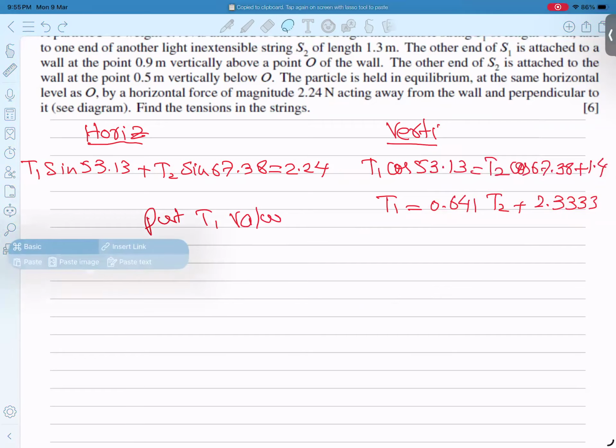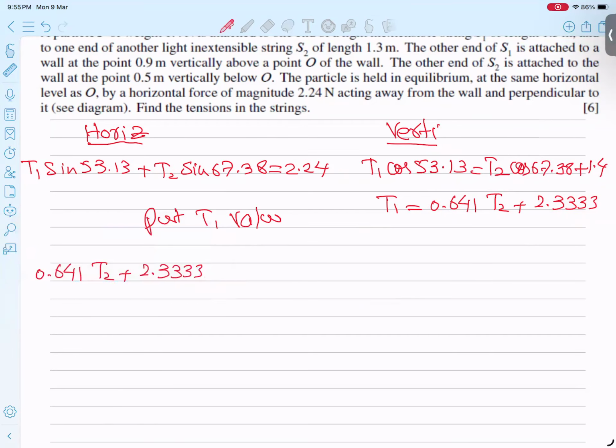I copy it and paste it here, times sine 53.13, plus T2 sine 67.38, equal to 2.24. Now this multiplies with both numbers inside.